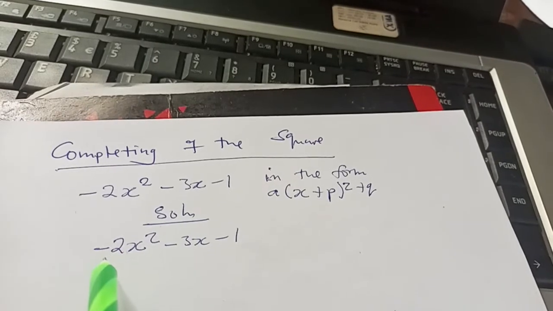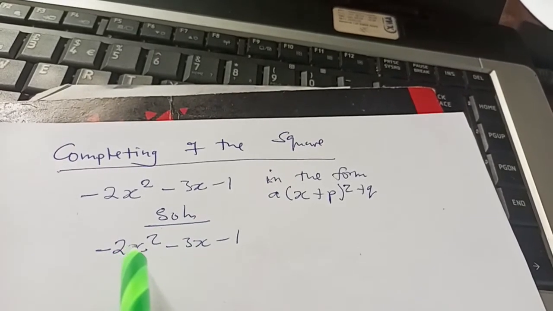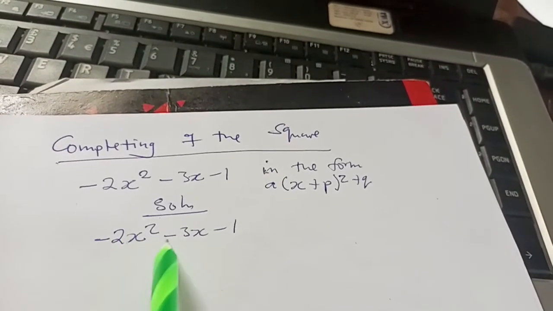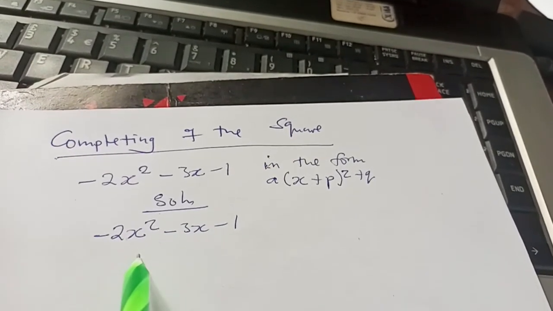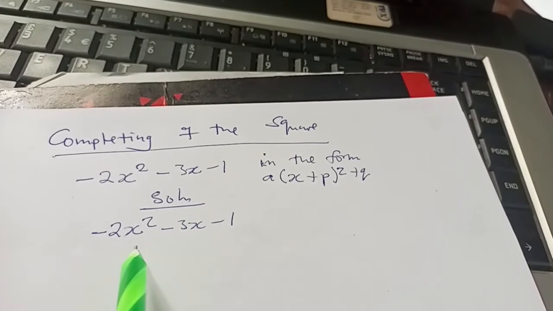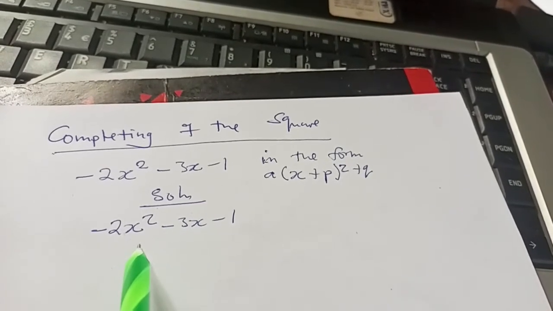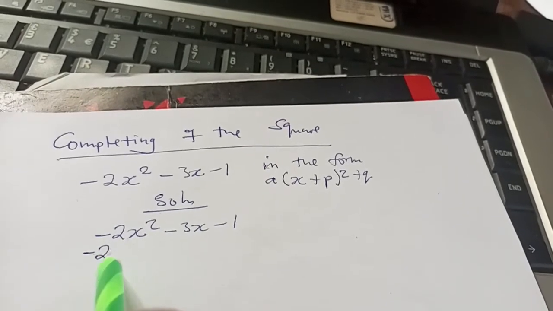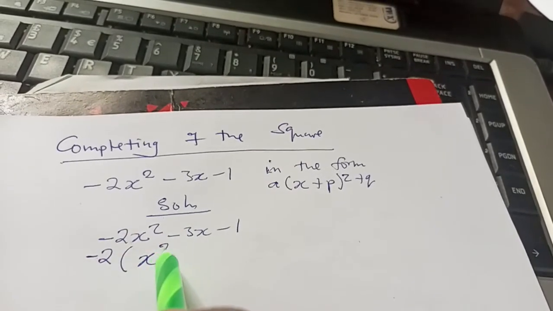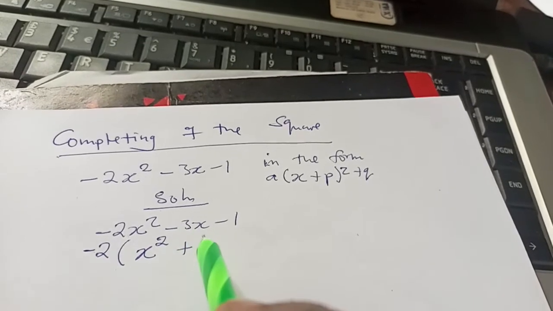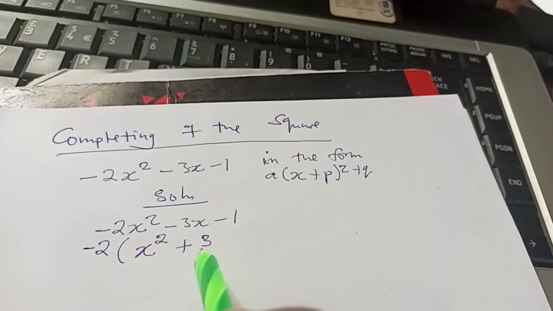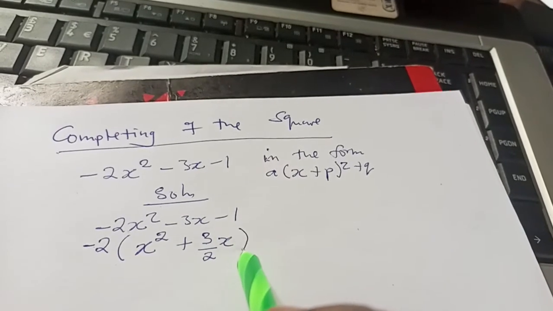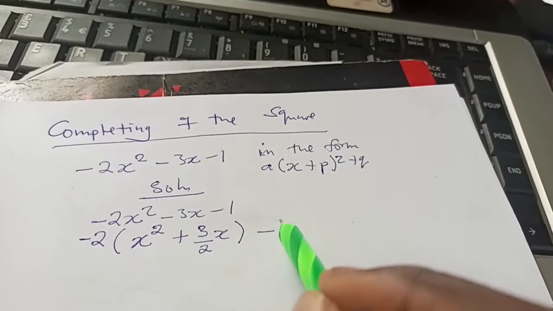You're going to divide or factor out the a value between the two. In this case, the a value is negative 2, x to the power of 2 plus 3 over 2x minus 1.